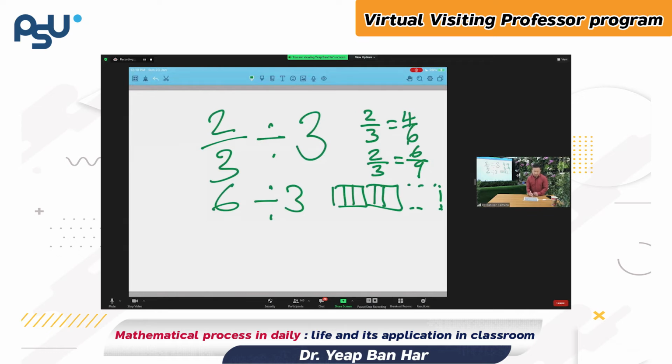So if I know 2/3 is 6/9, then 6 shared by 3, well, that's easy, not so hard. That will just give me 2 9s. I did the calculation by thinking, not by doing a procedure.